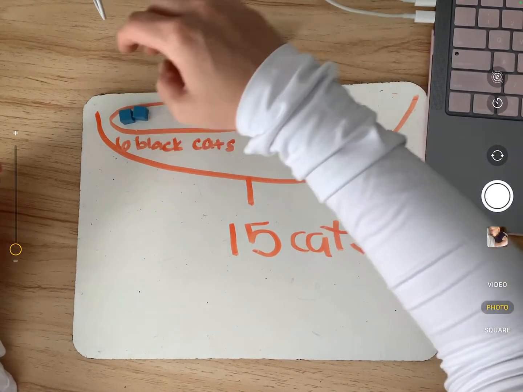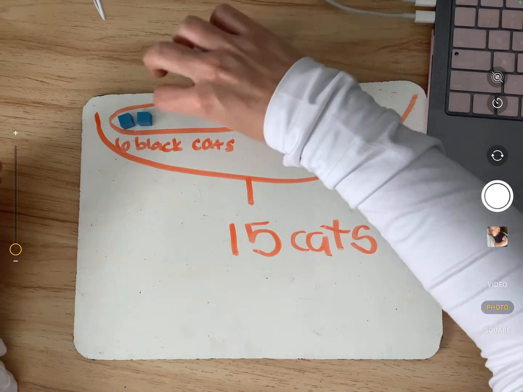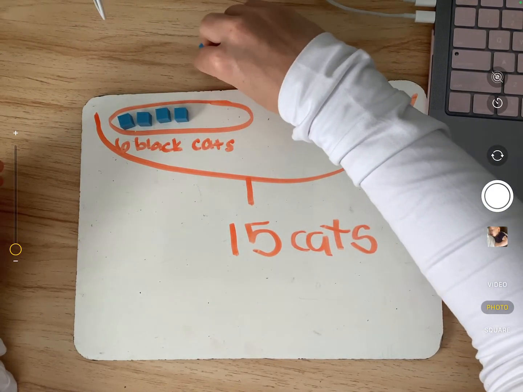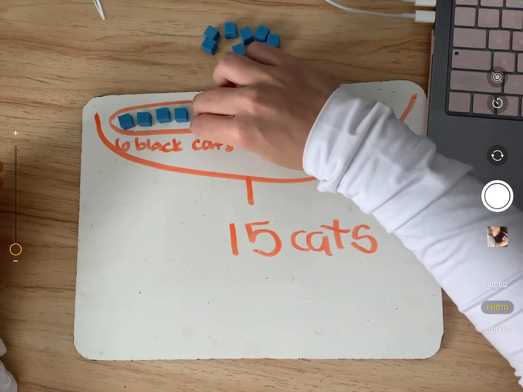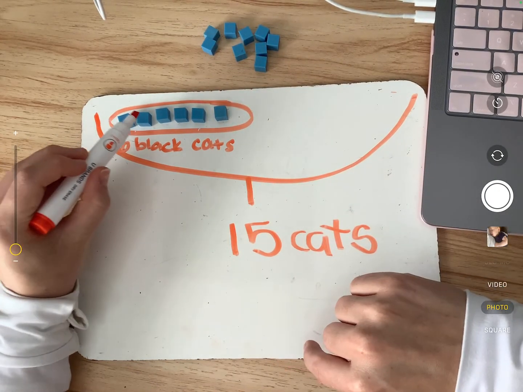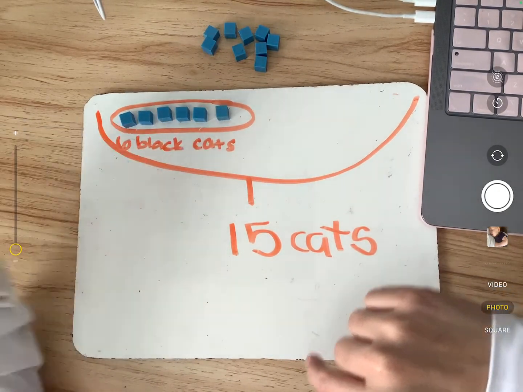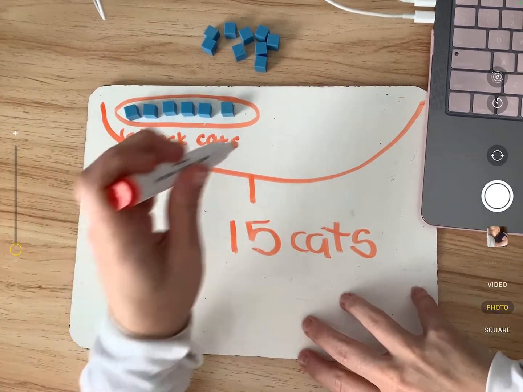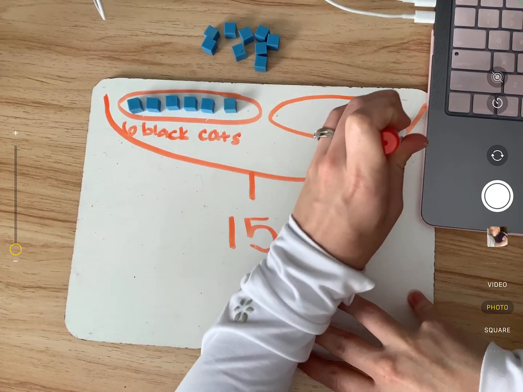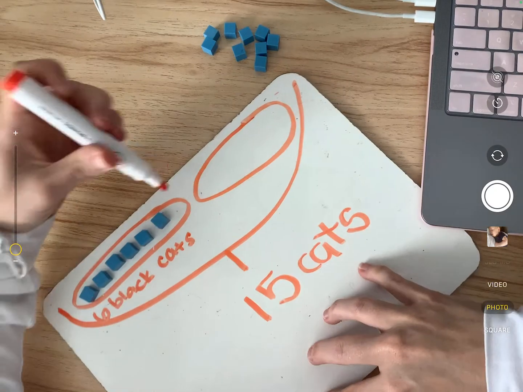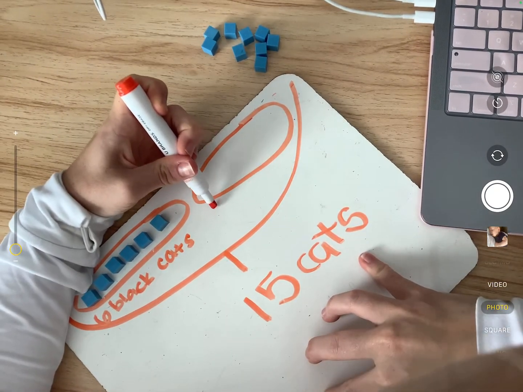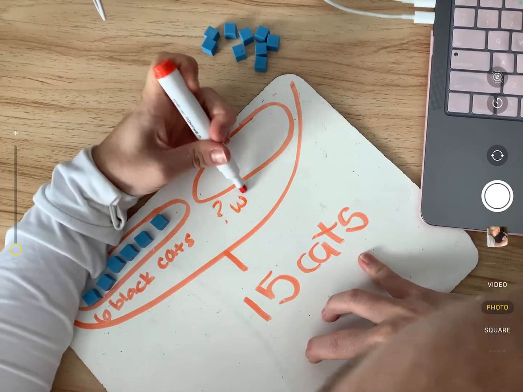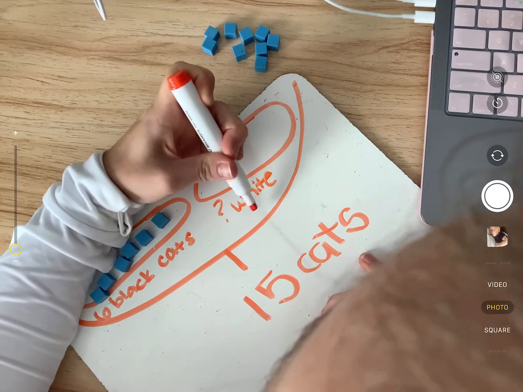I'm going to move 6 of them into this box because there are 6 black cats. Okay, count them, make sure there's 6. 1, 2, 3, 4, 5, 6. We're good to go. Now the rest of my cats are white. Question mark, white cats.